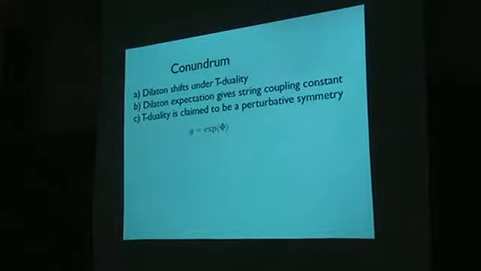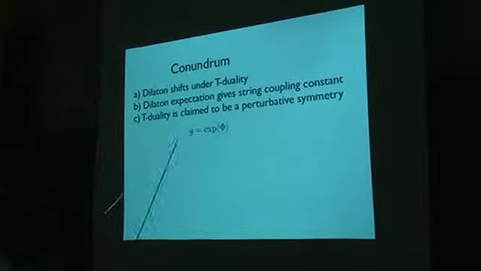And that gives rise to a conundrum. We see that the dilaton shifts under T-duality, but we also know that the dilaton expectation value gives the string coupling constant. The string coupling constant is usually described as being the exponential of the expectation value of the dilaton.